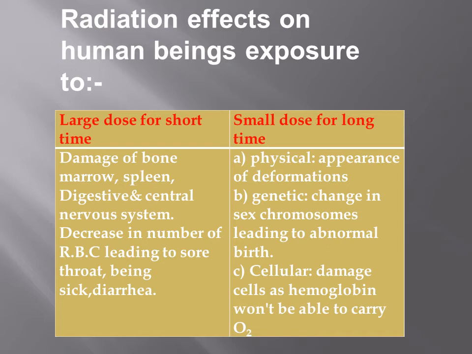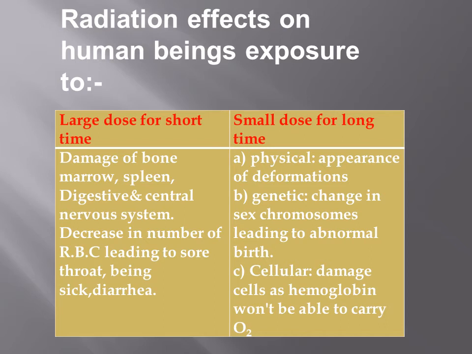When a change happens in these sex chromosomes, this leads to abnormal birth. Abnormal birth means children with deformations, children who have six fingers in one hand and stuff like this, you know.